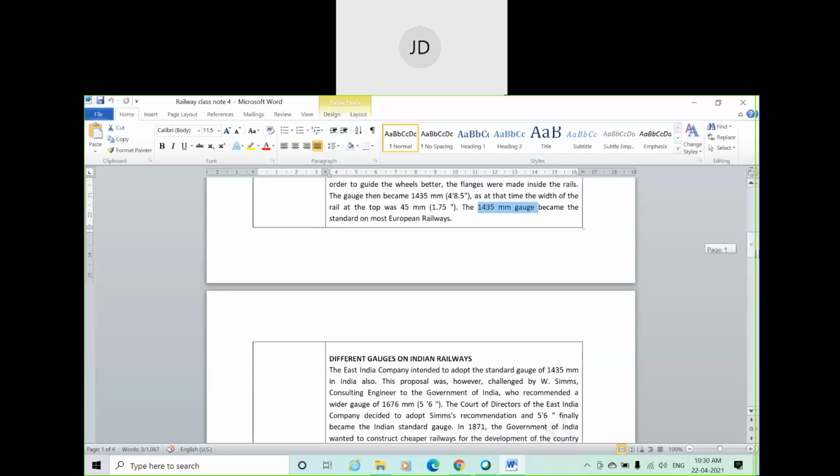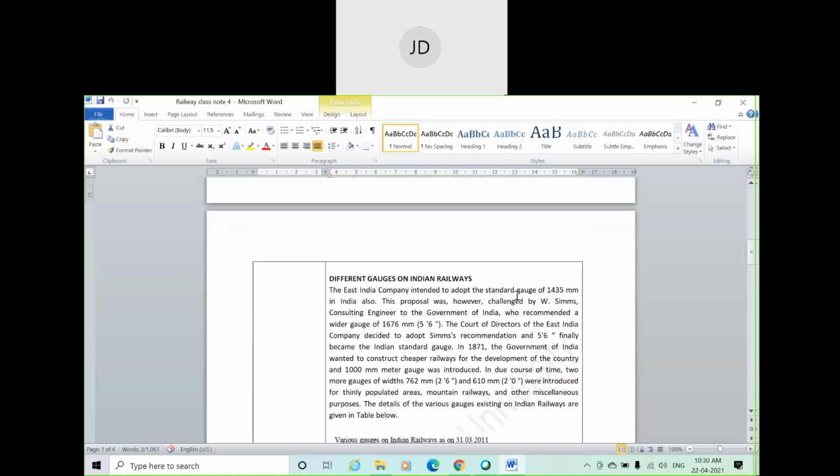Okay, but it was challenged by W. Sims, a consulting engineer to the government of India, who recommended the use of a wider gauge of 1676 millimeter.